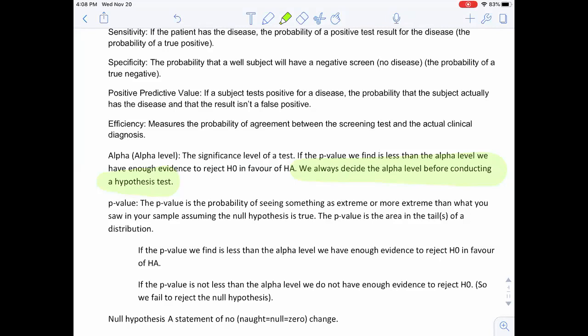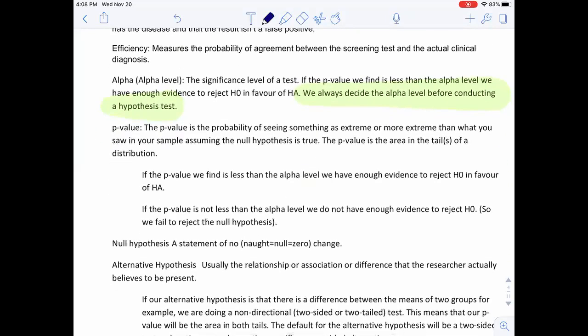The p-value, if we're thinking about a curve that we're familiar with, the normal distribution, then the p-value is the area in the tails, right?